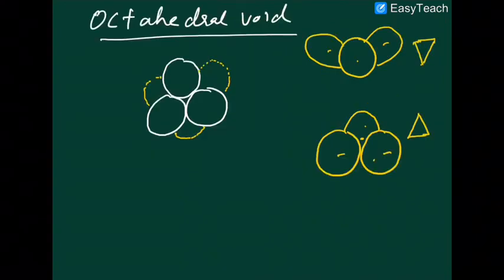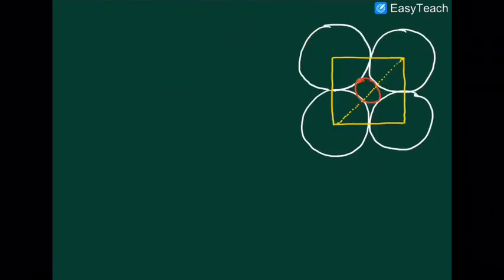Like these 3 atoms, these 3 are in opposite directions. Is that clear? So in an octahedral void, around the empty space there are 6 spheres which are placed octahedrally.